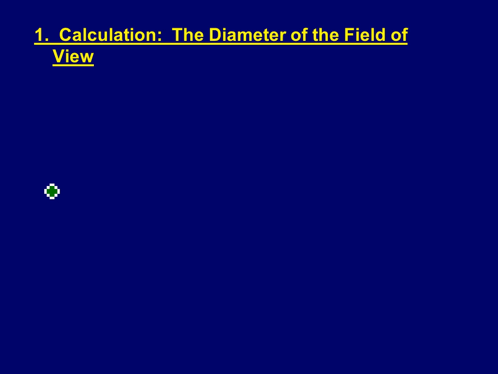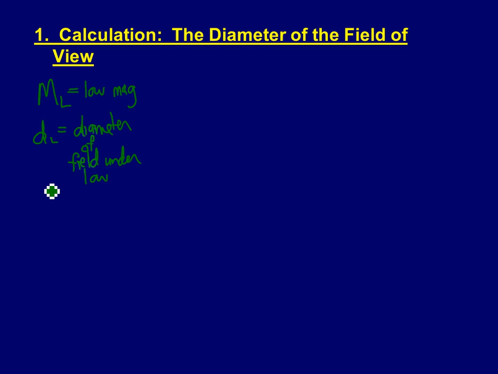We already know that ML stands for low magnification. Now I'm going to tell you another symbol, DL. I don't know whether that's on your chart there or not. DL is the diameter of the field under low.